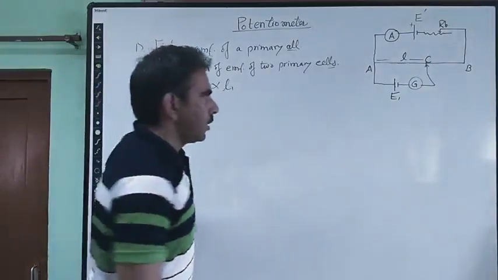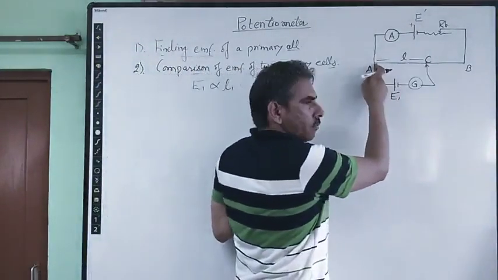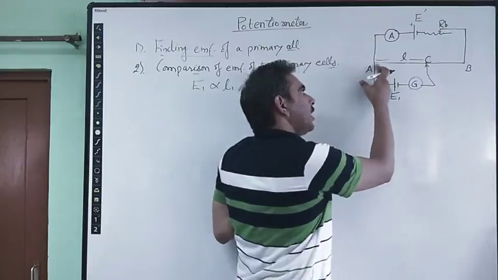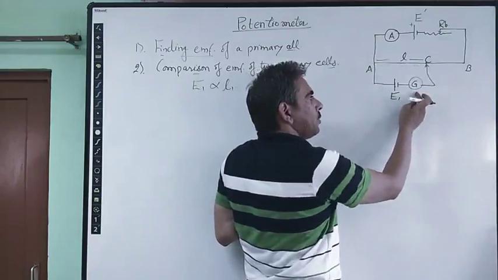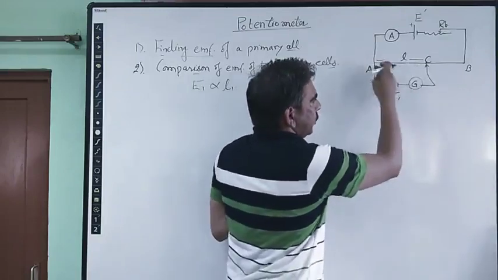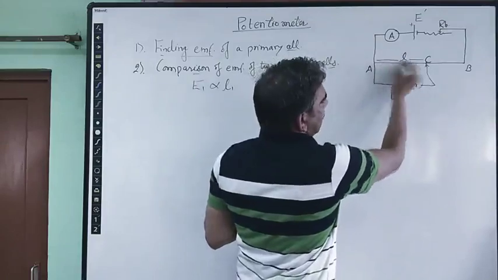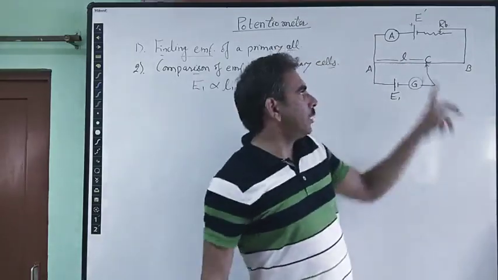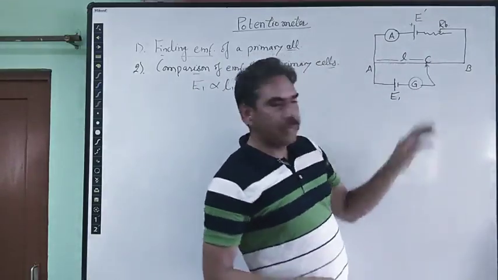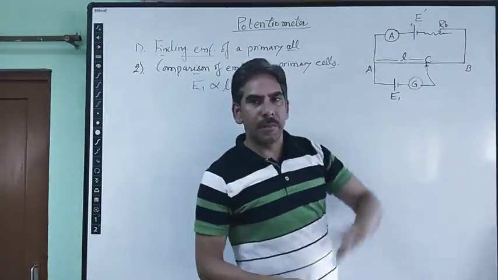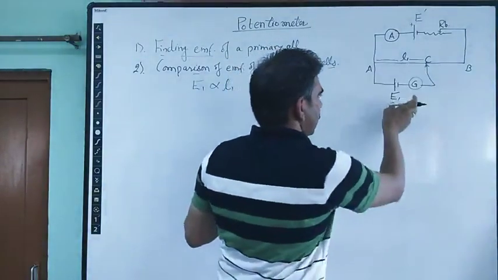Suppose it is L1. We slide this pointer from end A, which is the zero end, and keep this pointer moving till the deflection in the galvanometer becomes 0. At that point, no current will flow through this circuit, and hence the length is called the balancing length, and point C where it balances and makes the current through the galvanometer 0 is called the balancing point. So this is the length L1 for the cell E1.